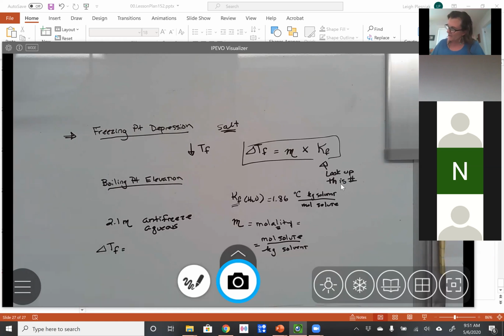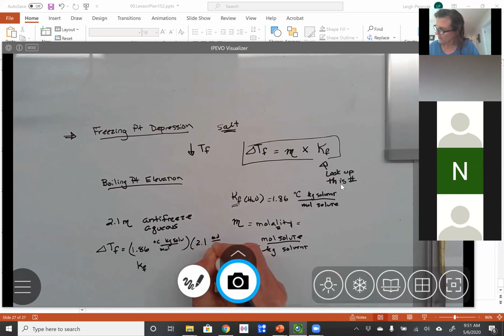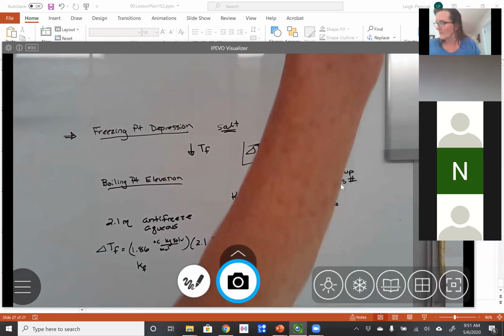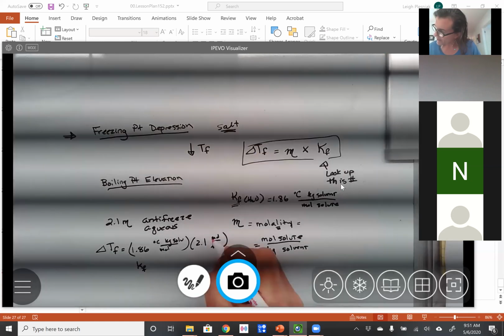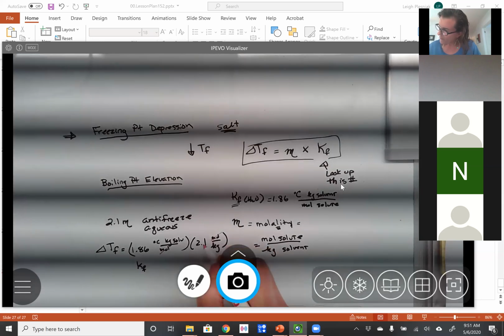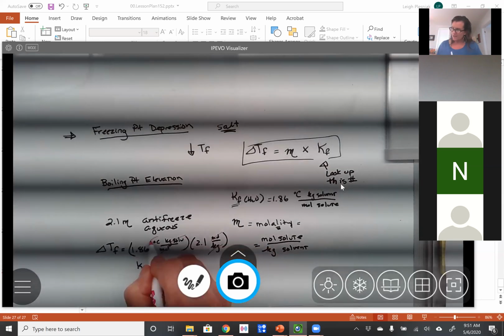It will be 1.86, that's the Kf value, degrees C times kilograms solvent divided by moles of solute, times the molality, which is moles of solute divided by kilograms of solvent. And notice that my units cancel, and what I'm left with is degrees C.